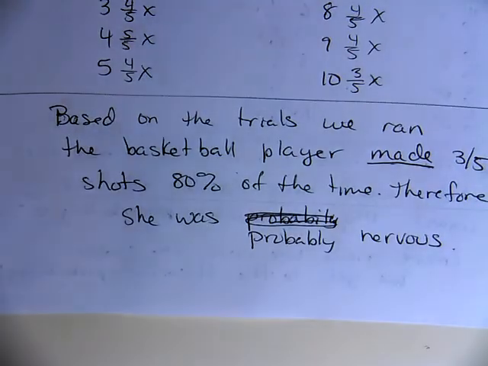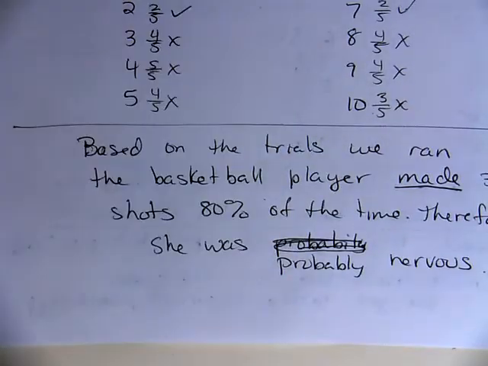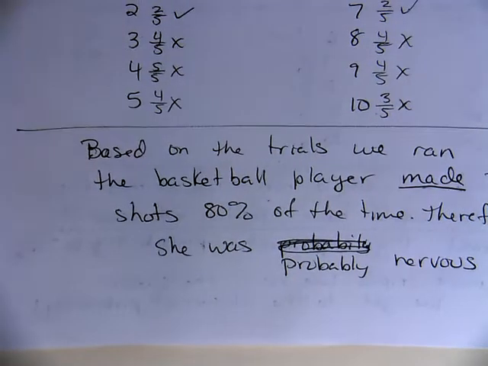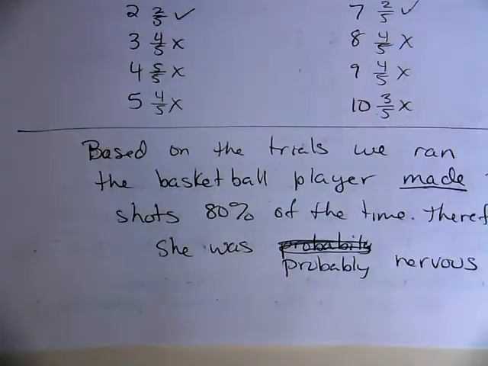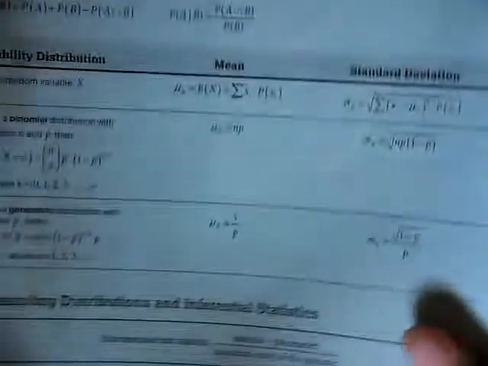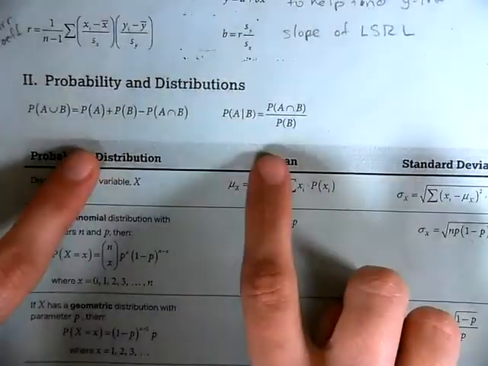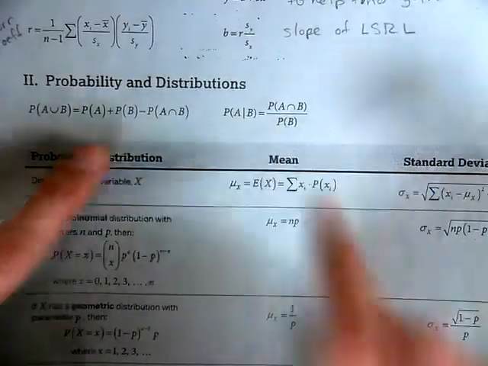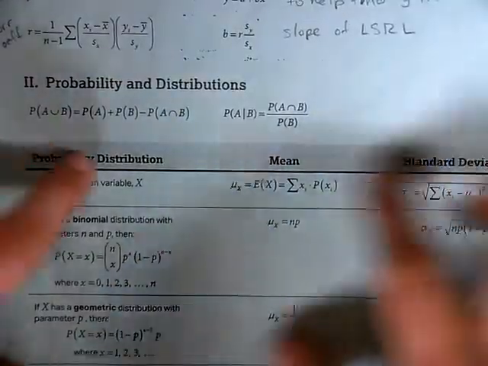Not necessarily am I going to make you do 10 trials, mostly because you don't have the time on a quiz or a test to run all the trials. So that's really it for Chapter 6, though. Again, a lot of it's just doing problems, not a whole lot of formulas. The only formulas you do need to know for Chapter 6 are obviously the 2 that are right here for general probability. We'll get to this table in Chapter 7.